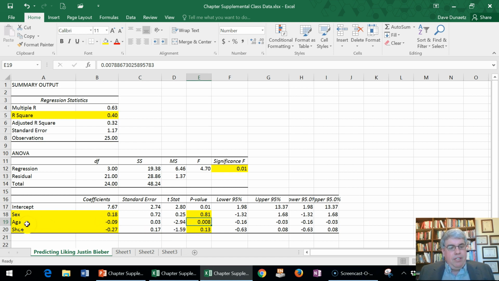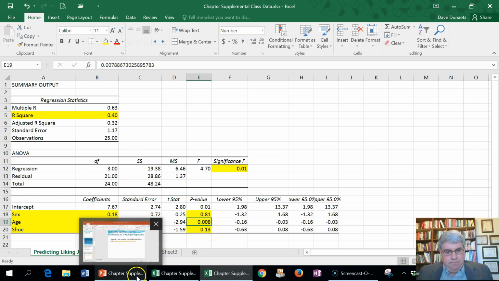And so the only significant predictor that we have of who likes Justin Bieber is age, and as people get older, they like Justin Bieber more. And so we would leave these other two variables out of our model, and say that the only significant predictor we have is age. So that's how we test the significance of the different coefficients that we have in multiple regression.